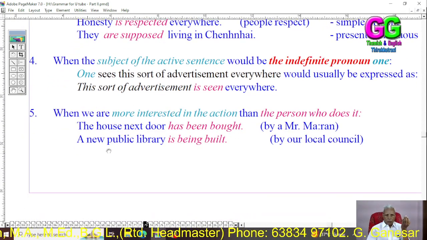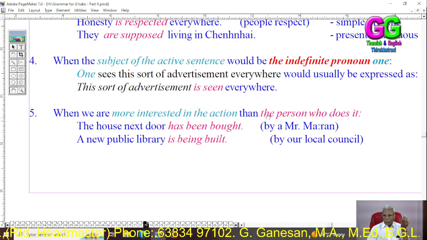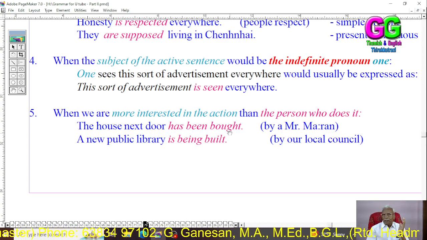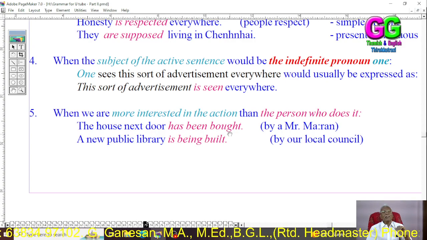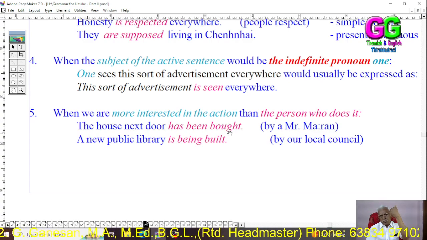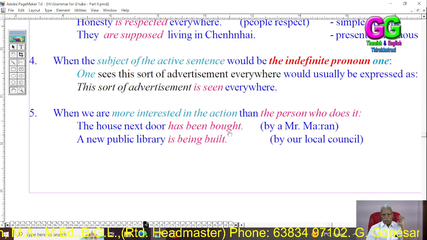Fifth: we are more interested in the action than the person who does it. That is, when we are highly interested in the action, not the doer, then that sort of event or action would be better expressed in passive form.